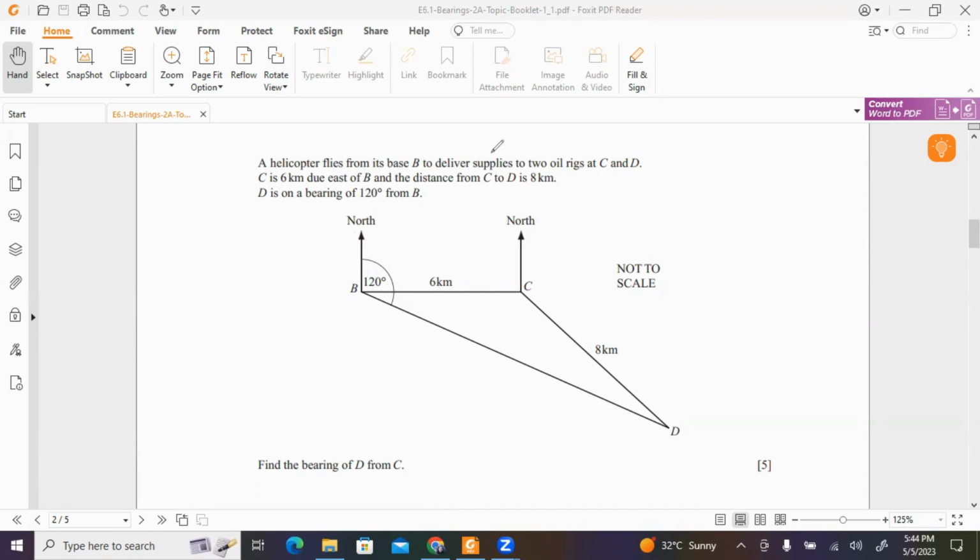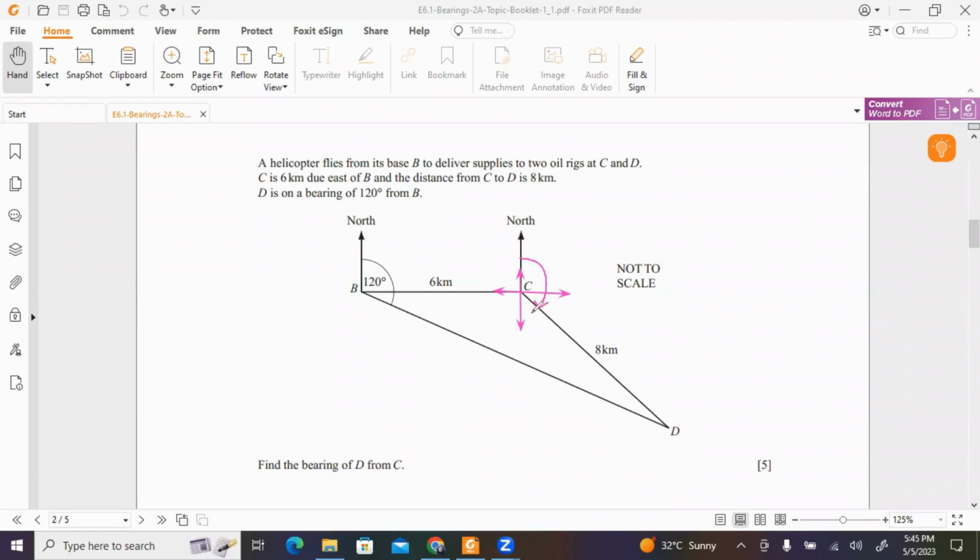They want us to calculate the bearing of D from C, which means since it is from C, our main focus is going to be over here. And this is the angle that we need to find.